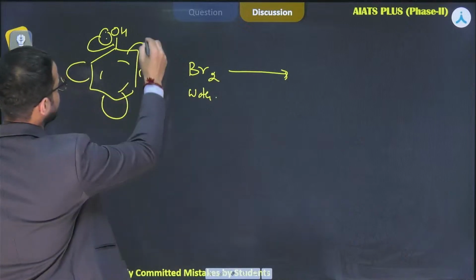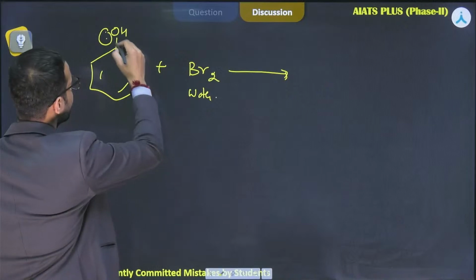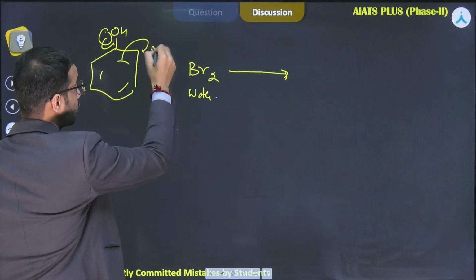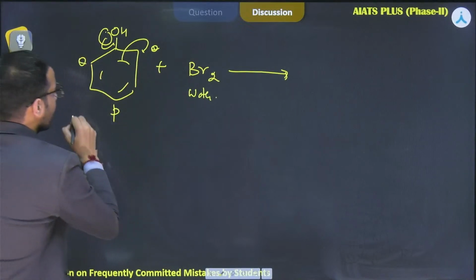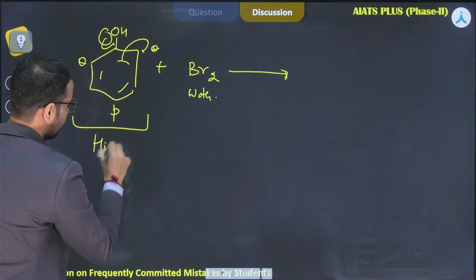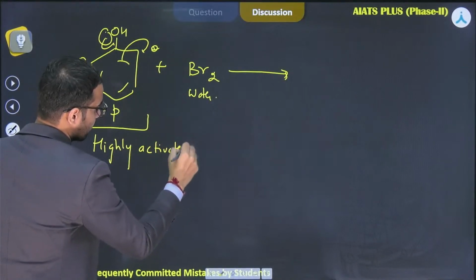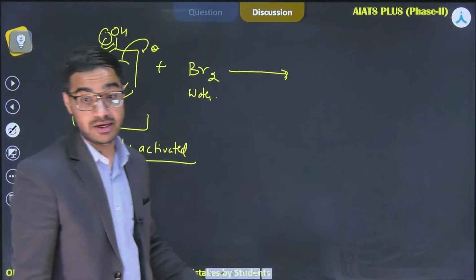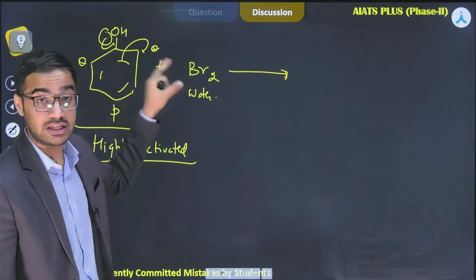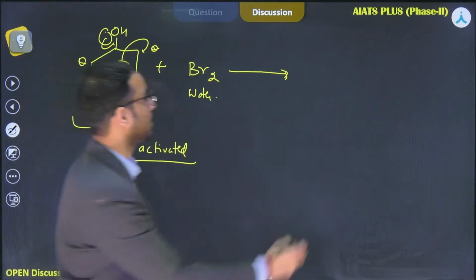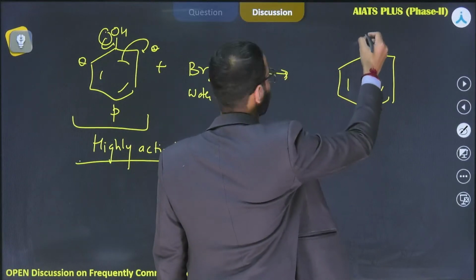If we are reacting with bromine, the ortho positions and the para positions are highly activated. This electron density will attack bromine and form a substitution product.